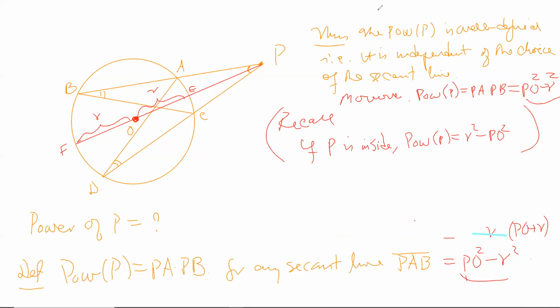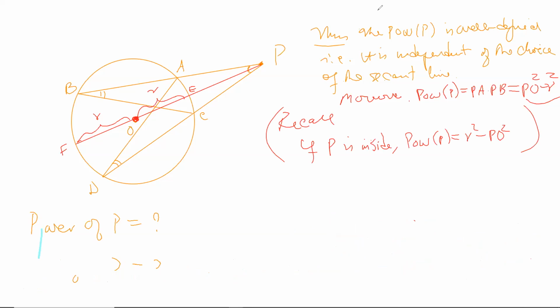Now, also we have one more thing there. That is, you can see that I can do this. I can choose the chord here, the second line like this.